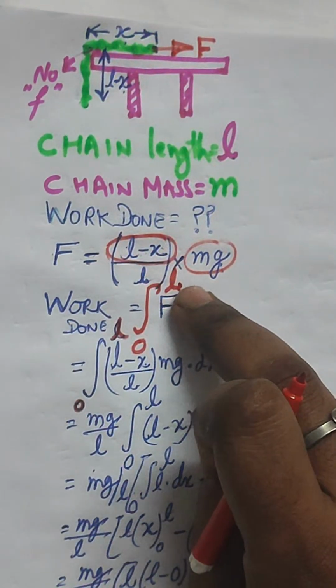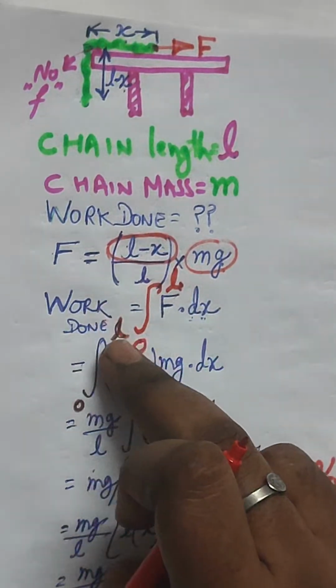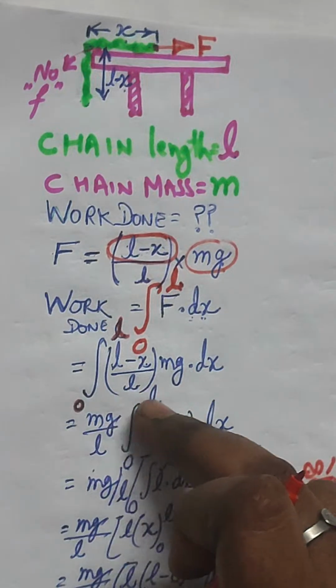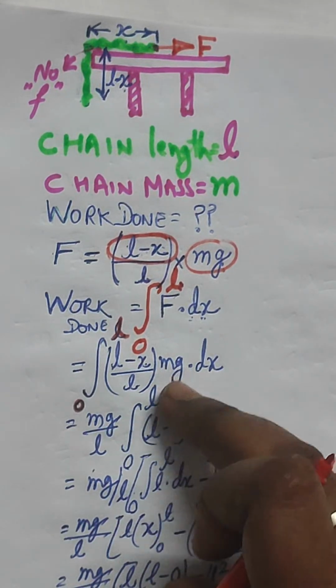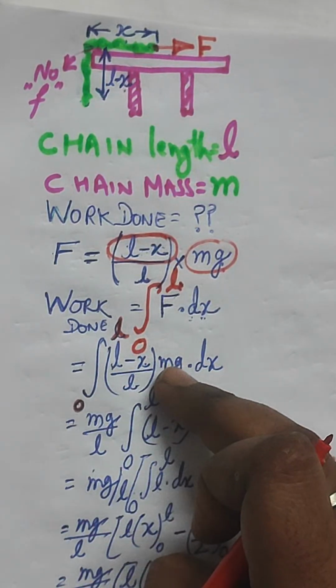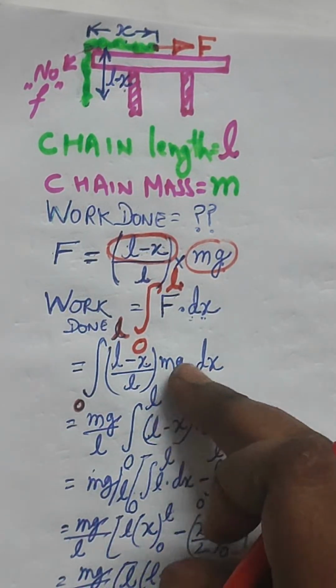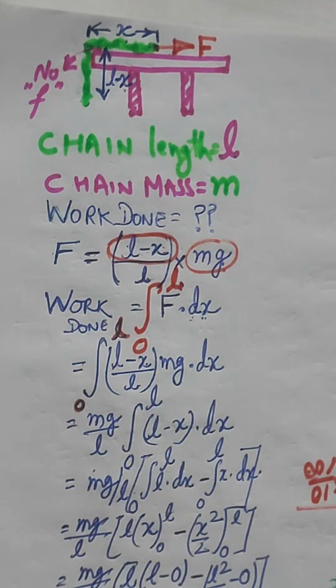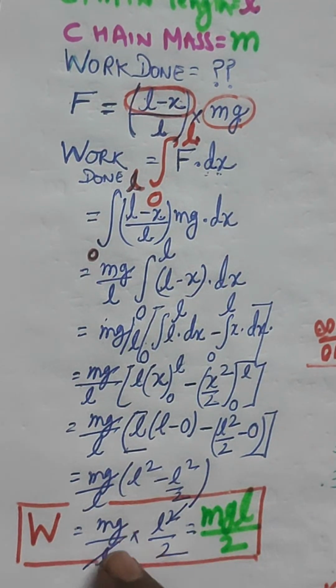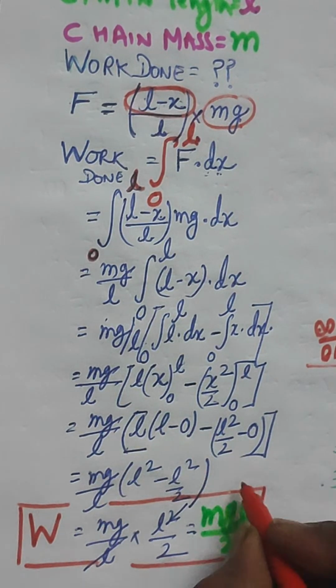So work done is F dot dx. Just put the value of F as (L minus x) by L into mg, which is the ratio deciding the weight of the chain, dot dx. Integrate it and simply get the value of the work done, which is equal to mgL by 2, and this is your answer, students.